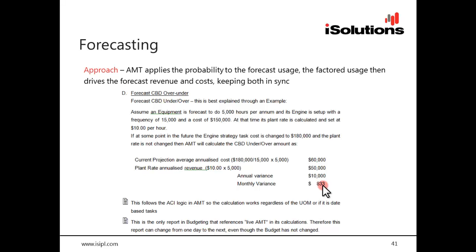Escalation is a typical thing that causes this to become a real issue. If there's no provision to escalate your plant rates, but over a period of a couple of years you get 10-15% escalation applying from your suppliers, then yes, you start to see quite a significant variance appearing.